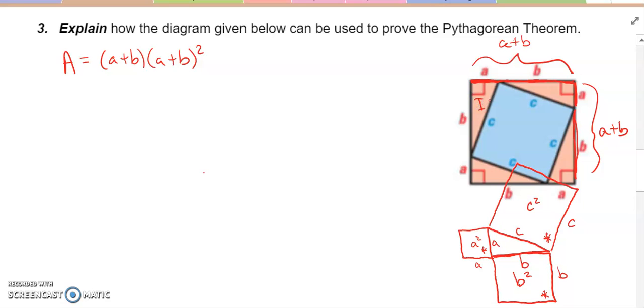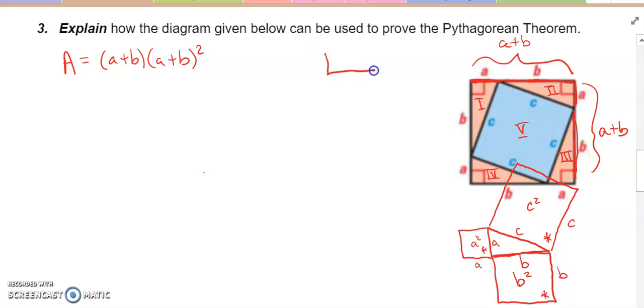So let's say this is triangle 1 and this is triangle 2. So this whole shape is made up of 5 different pieces. All these smaller triangles actually have the same dimension.